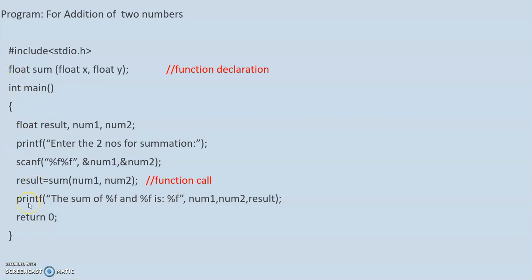After that we print the sum of the two values, num1 and num2, which will be the result. Why have we written return 0? As the main function's return type is int, we need to return 0.